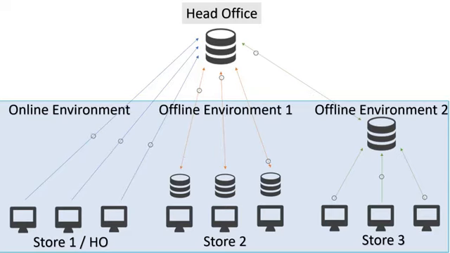So let's look at what is an online environment. For online environments, you will most likely only have a single database for the head office site, which is normally your central database where all the NAV or Business Central users connect to when performing their daily tasks.